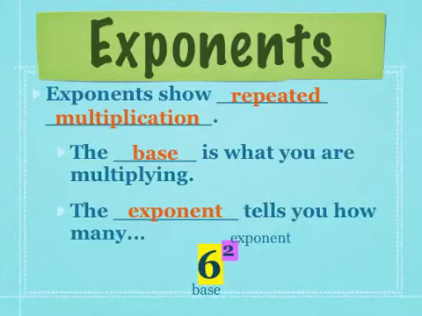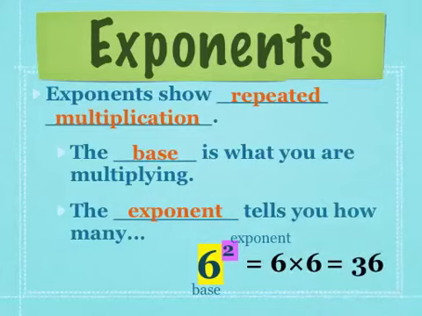You could say 6 to the power 2, or the exponent of 2 has a special name, squared, so you could also read this as 6 squared. What this exponent means is that we need to multiply 2 6's together. So 6 squared is equal to 6 times 6, which is 36.